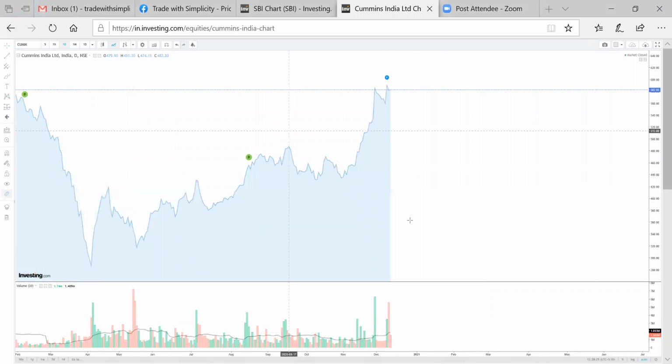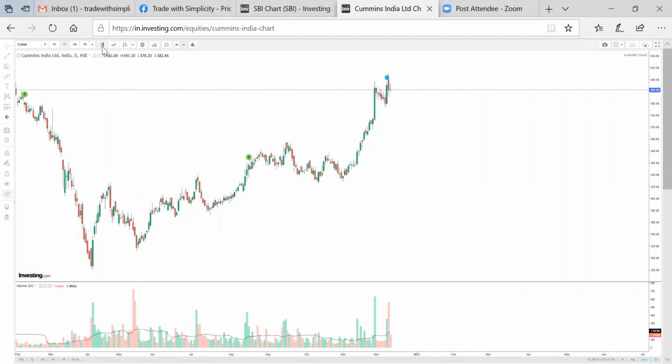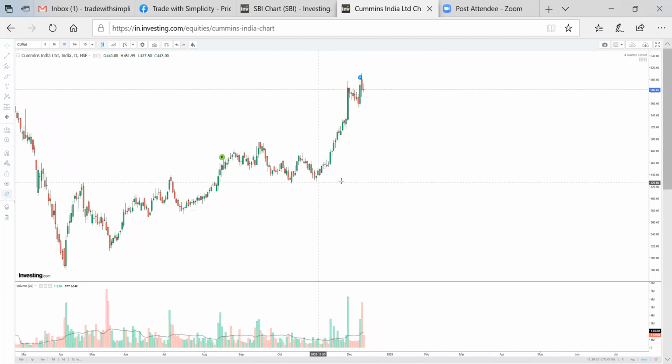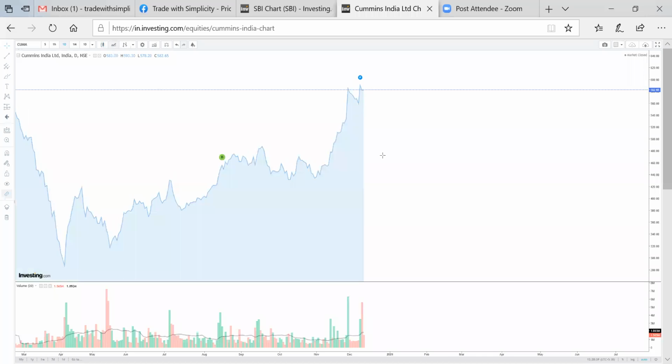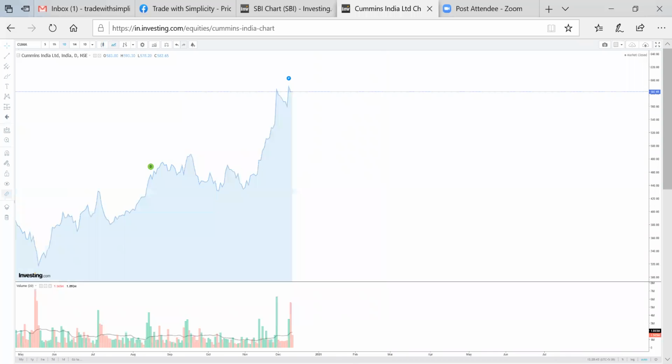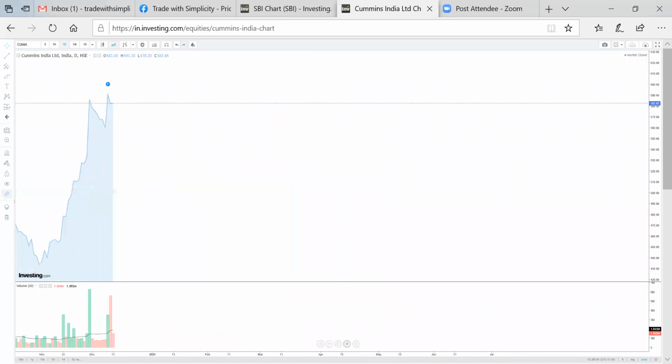Perfect. Thank you. So usually we see the candles, right? So if I switch just to candlestick, it sometimes becomes difficult to understand higher highs and higher lows, right? For that, you can move to line chart, right? If you click on this area, you will get to see the line chart. Okay. So let me just try to zoom a little bit.